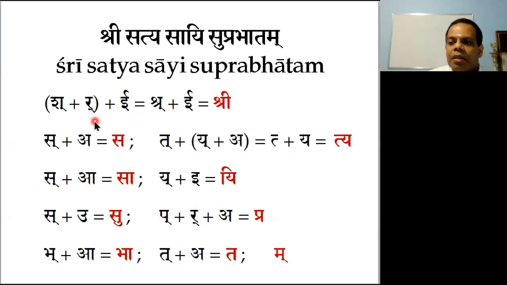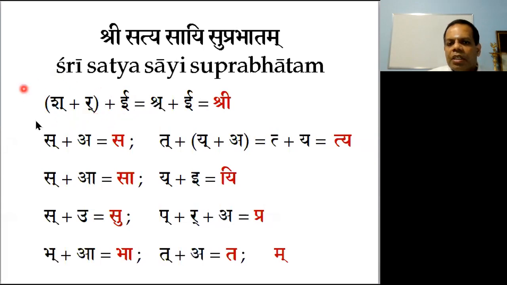The second letter is r. Ra, r. And these two are consonants. And the next one is a vowel, which is e, a longer e. Ish, ir, and e.